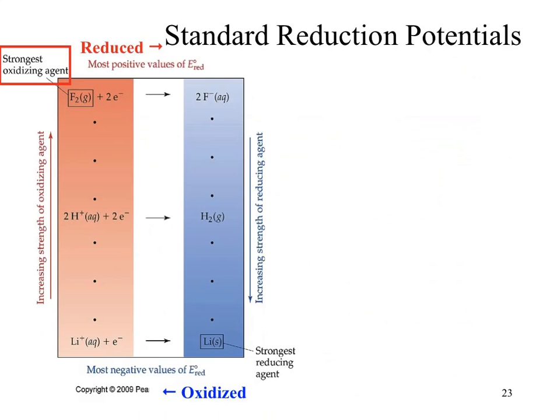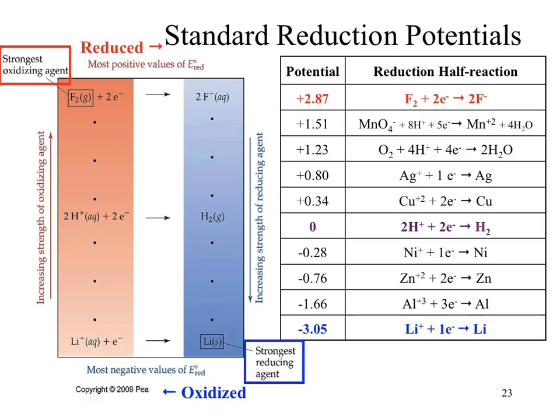Shucks, I was hoping I had some numbers on this. We can go through and look at our reduced, our oxidized, strongest oxidizing agent, and strongest reducing agent, identifying all of those pieces off of our chart. Okay, this is what I was looking for. How do we decide what's highest and lowest? Someone went through and determined what's known as your potential. They put a numerical value to the potential of each of these reactions occurring.